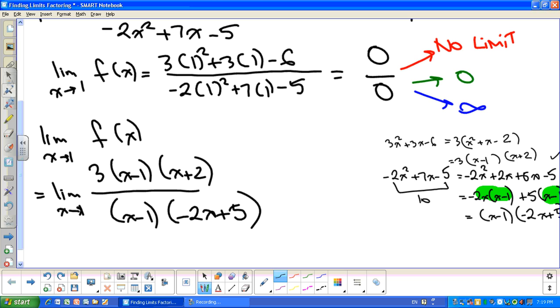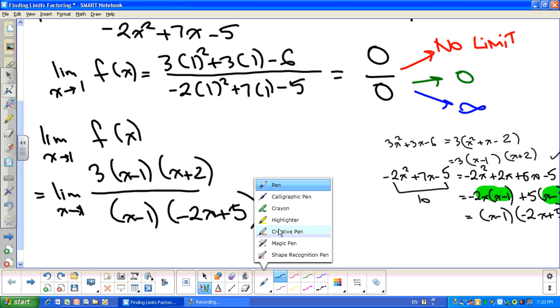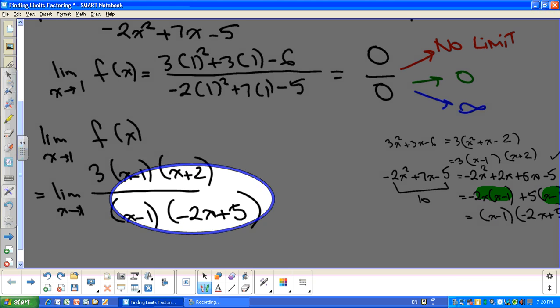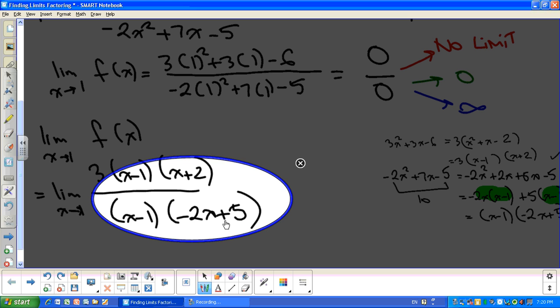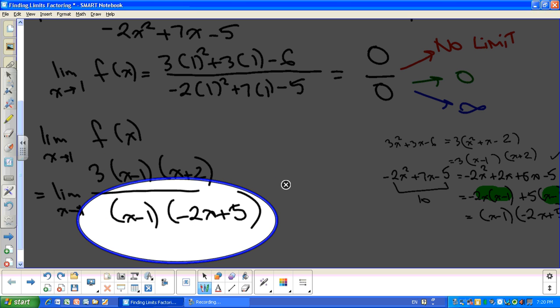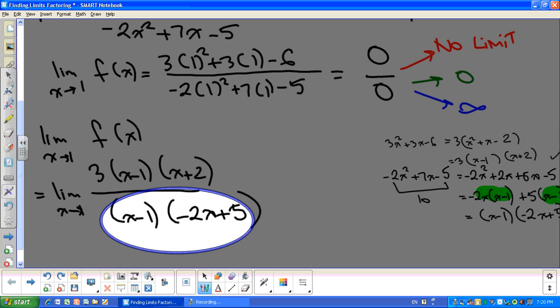Let's take a moment and think about the function f of x that right now looks like that. What do I notice about this function? I look at the denominator, and what do I see? I see I have two problems here.